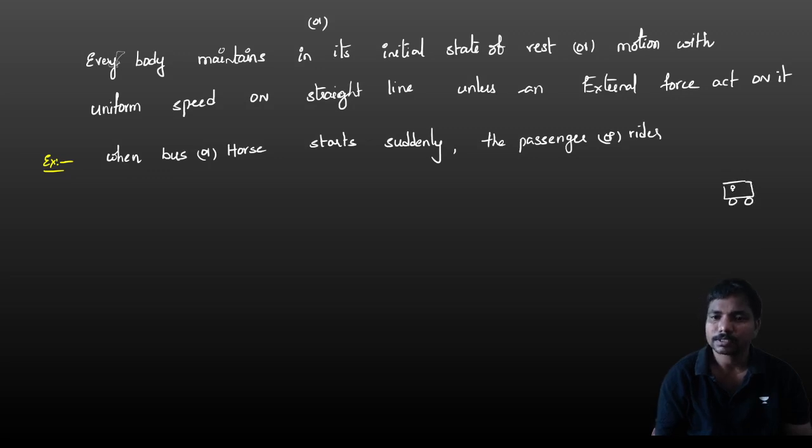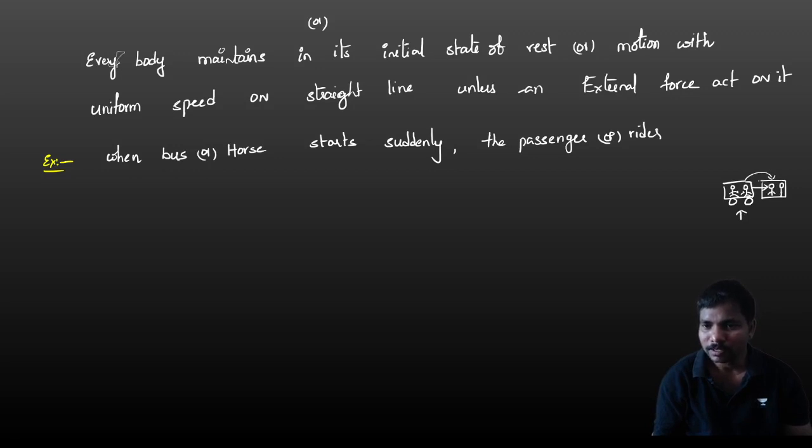In the bus, the person is there. Both are at the same place, both at rest positions. Whenever the bus starts suddenly, that means the bus moves from that place to that place. The passenger is previously in the back position, correct?